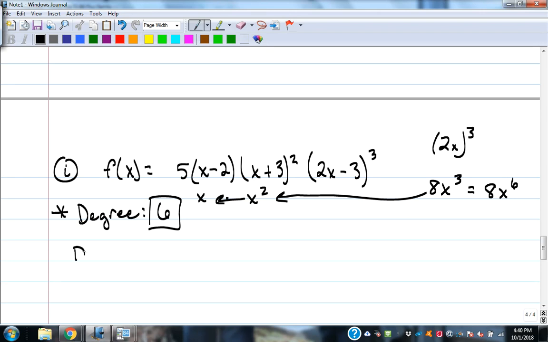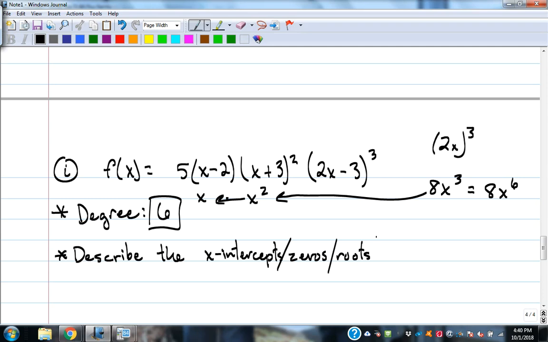Okay. Now, the next thing I want to do is describe the x-intercepts. And I'm going to put a slash here because there's another name for x-intercepts: zeros. There's another name for it. Could be called roots.